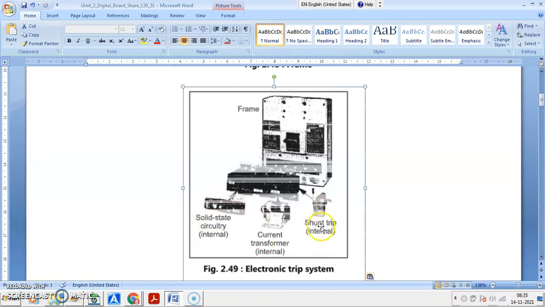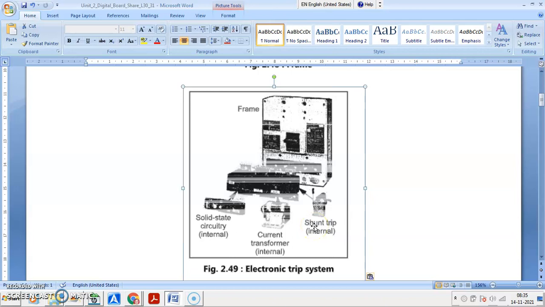Then you are having the internal shunt trip provided for the breaker. Typically a mechanical spring is loaded to this device. With a permanent magnet you can have the internal tripping provision.